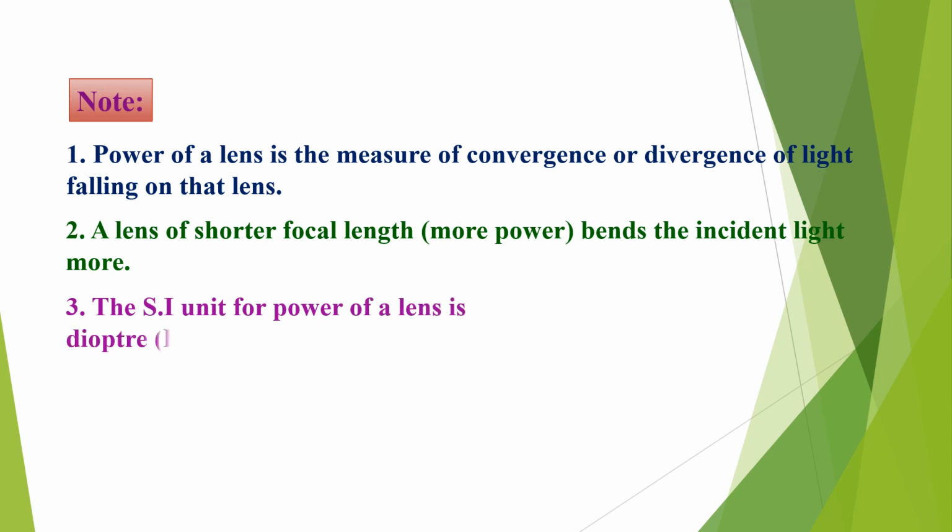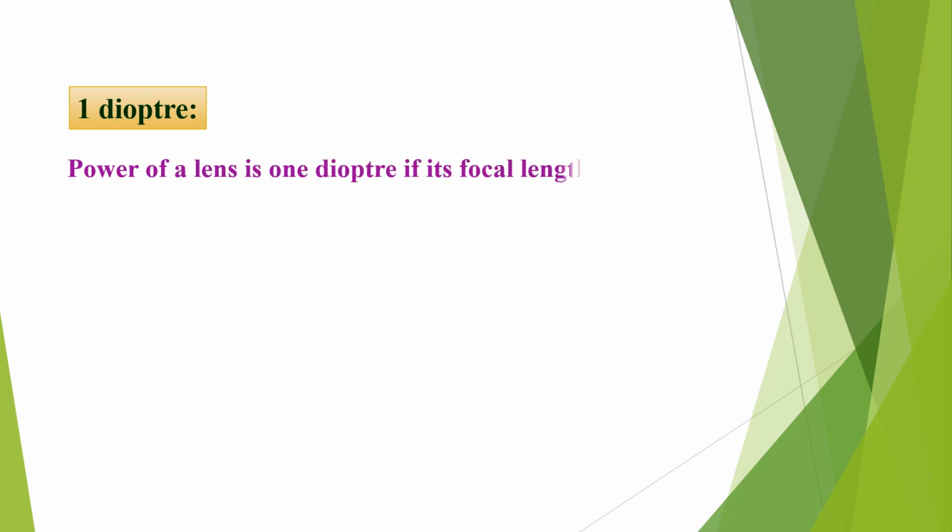Third, the SI unit of power of a lens is the diopter, represented by capital D. 1 diopter is equal to 1 per meter, because power of a lens is the reciprocal of focal length. So 1 by 1 meter becomes 1 per meter. We define the power of a lens as 1 diopter if its focal length is 1 meter.